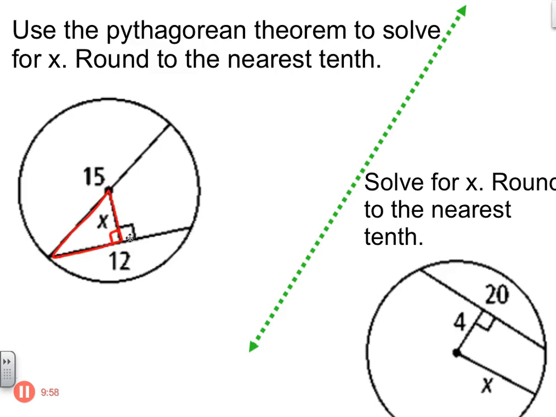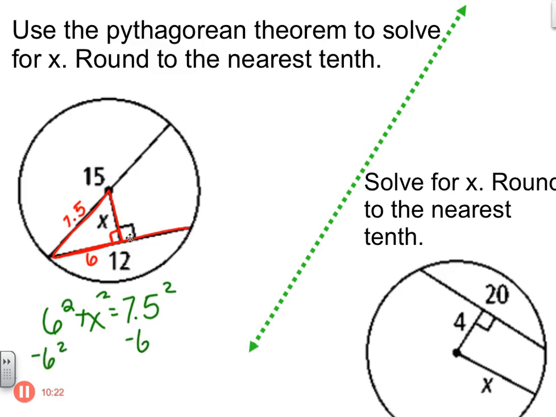If that whole chord is 12, I know this piece is 6. If the whole diameter is 15, half of 15 is 7.5. So now I can solve for that little height of that triangle by doing the Pythagorean theorem. So I would have 6 squared plus x squared equals 7.5 squared.